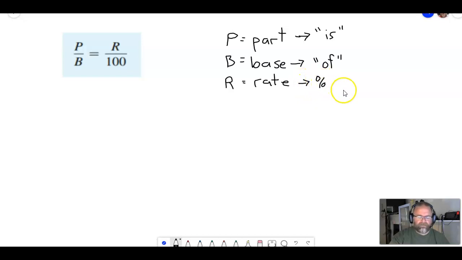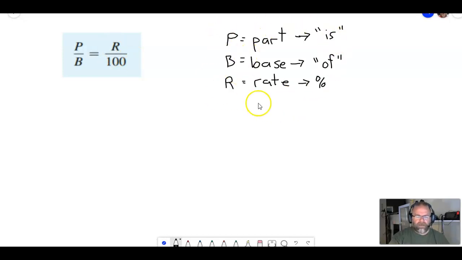So if we see something that says 15% of all people, we would replace the R with 15. Now with a lot of formulas, we replace it with the decimal form, so it would be like 0.15. But with this formula, we leave it in the percent numbers. So if it was 15%, we would replace the R with 15 and not 0.15.